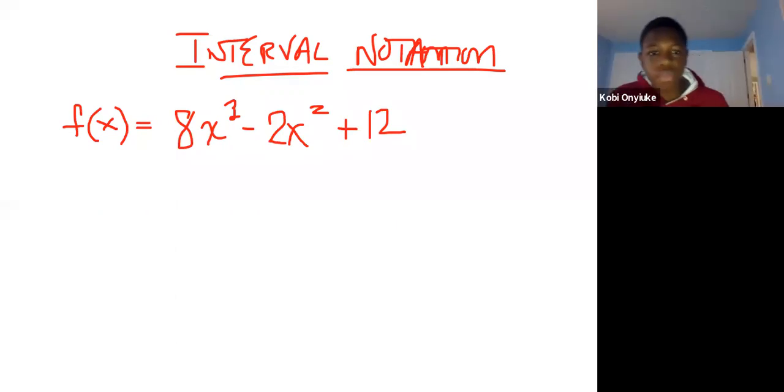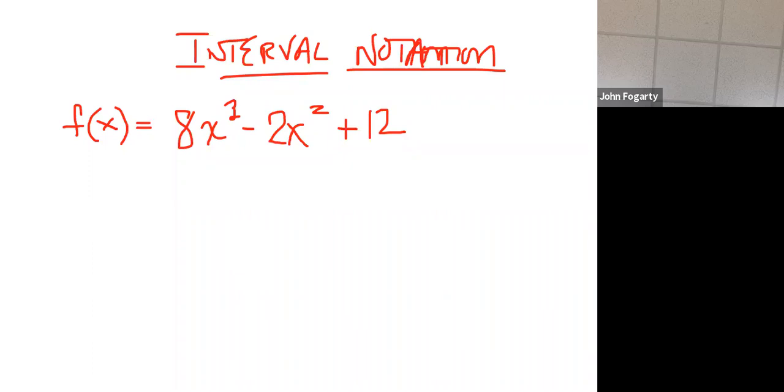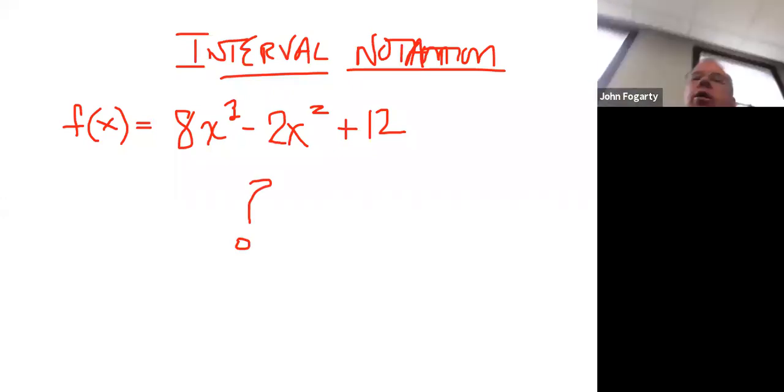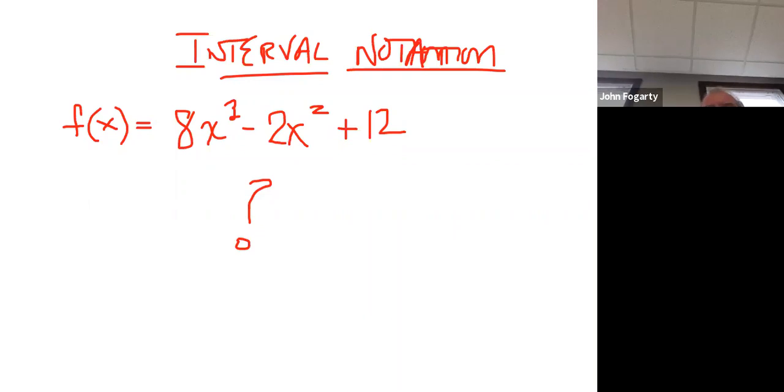I wonder if there's any numbers that I must eliminate from my domain. Anybody see something that would give me something that would be undefined? Are there any numbers that I could not substitute for x? Do you see a variable in a denominator?